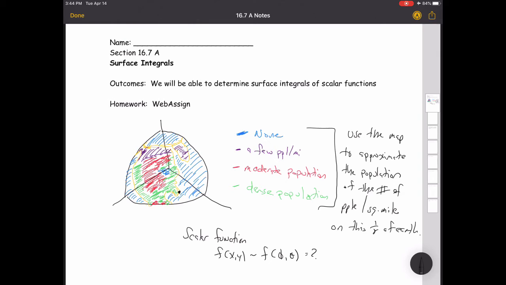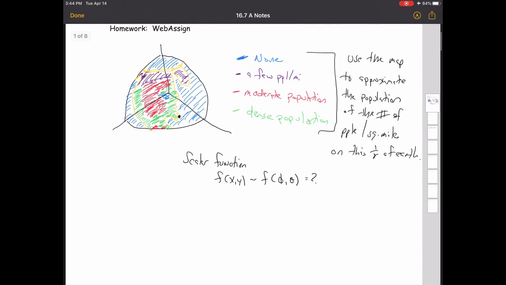So, let me scroll up here. Let me just redraw this real quick, but without all the colors on there. Maybe we're going to separate this into a whole bunch of different latitudes and longitudes, which kind of patches this thing up for us.